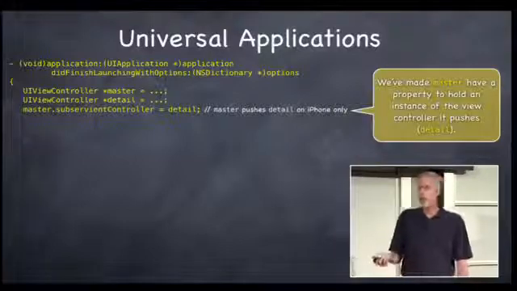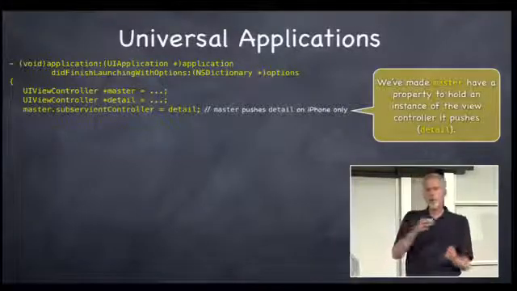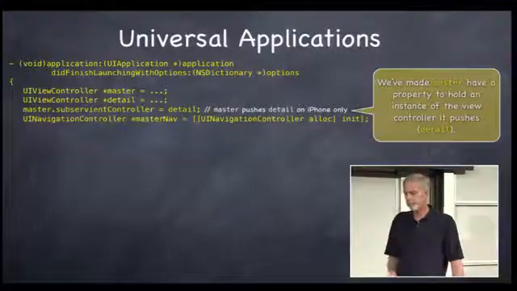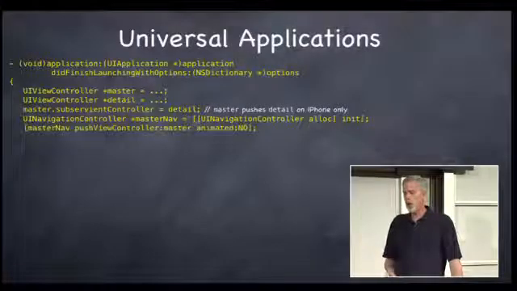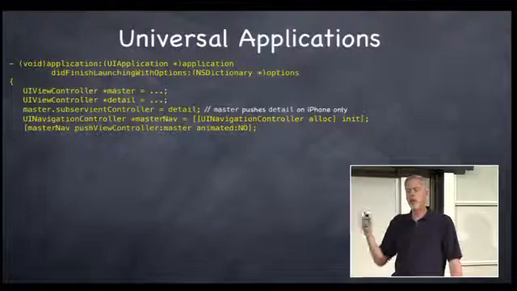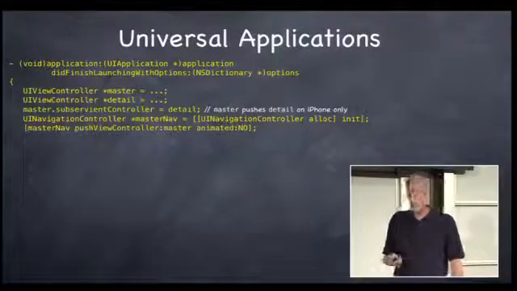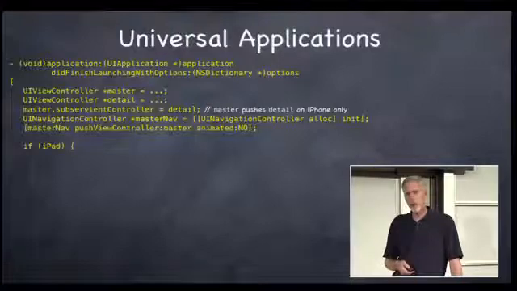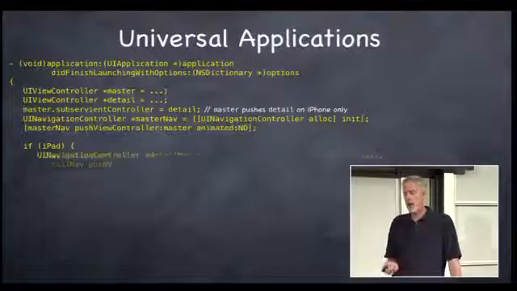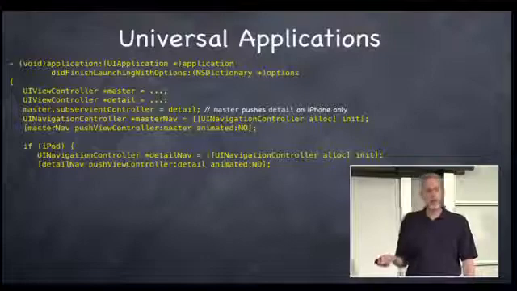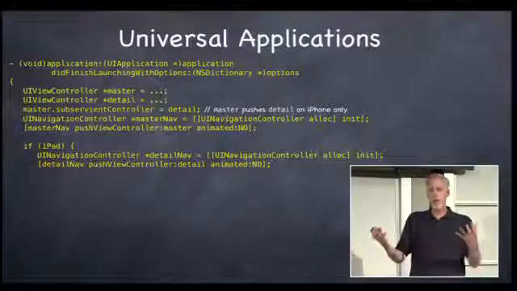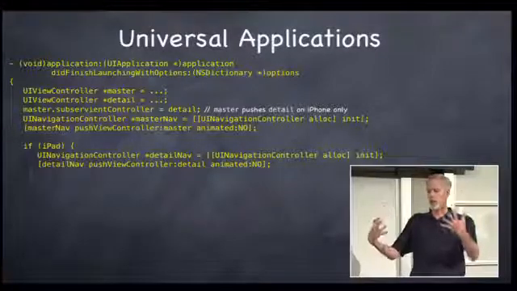Now, why am I doing that? Because on the two platforms, I'm going to do different things with this master and detail. So here, I'm creating a navigation controller for the master. That's all I'm doing here, just creating a navigation controller for the master. And now here's where I'm going iPad or not. So on iPhone, I'm going to create a navigation controller for the detail, so now I have both my master and detail in a navigation controller.